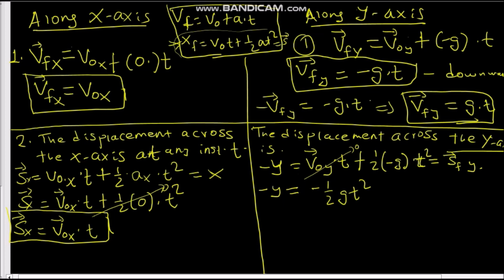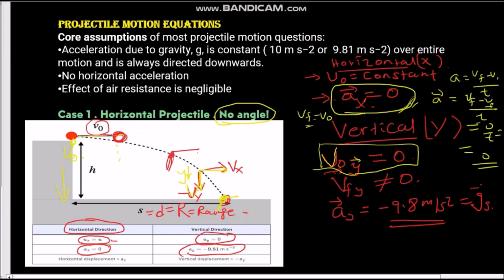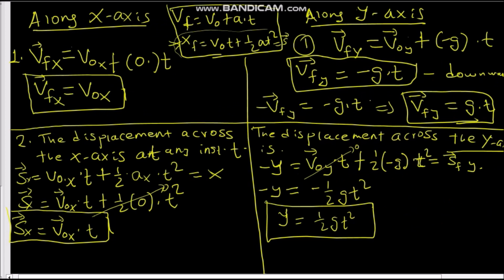We have minus minus, so y is equal to 1 over 2 g t squared. We can calculate the final displacement across the y direction at any point here by this equation, okay.